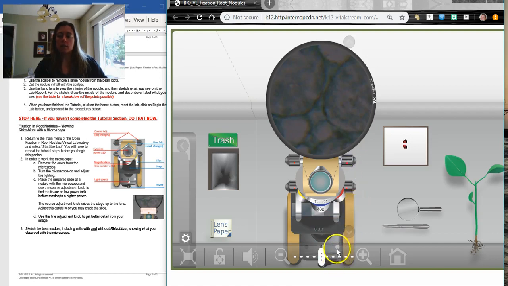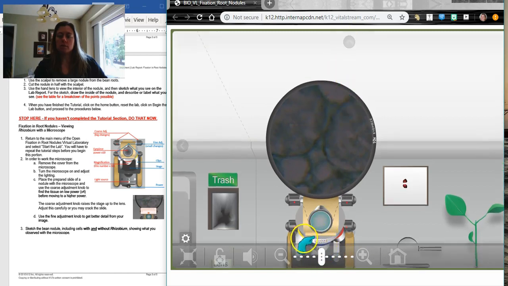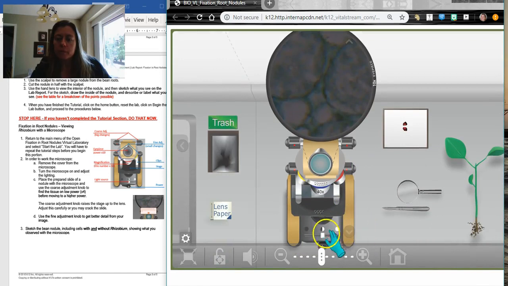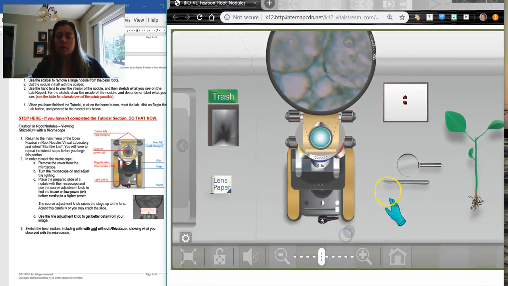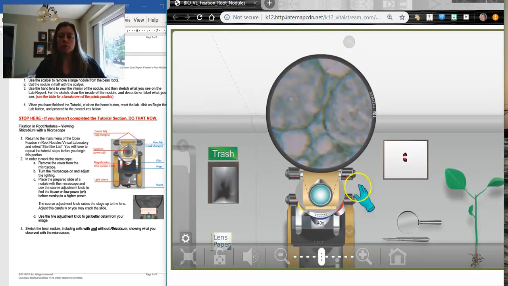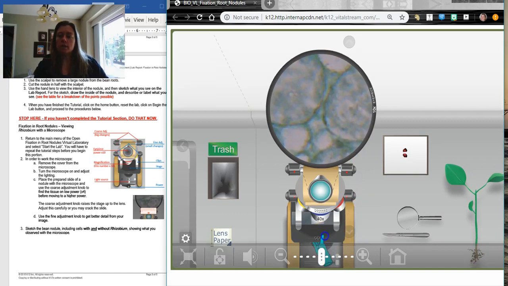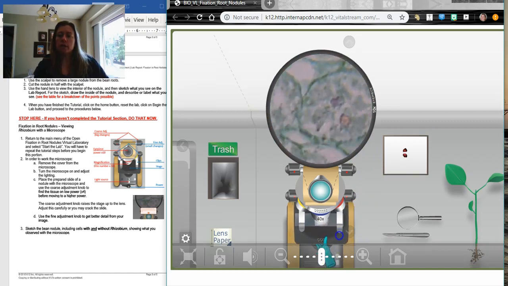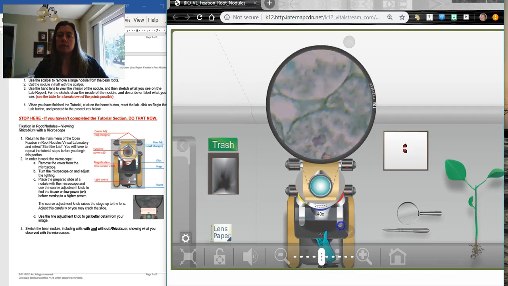Oh, let's change this light source. Okay, let's make this light source better, brighter, and all that. So let's look around. And okay, here, now we see some cool things.